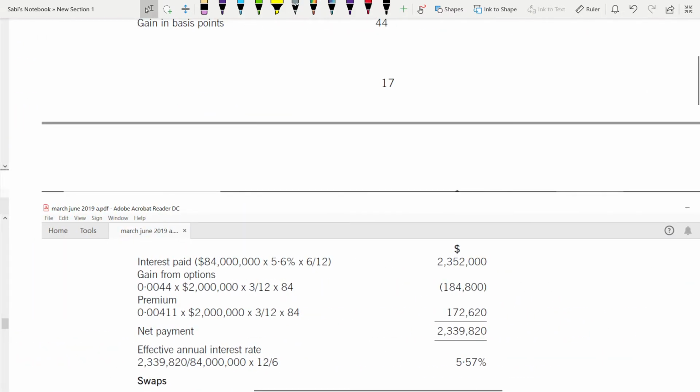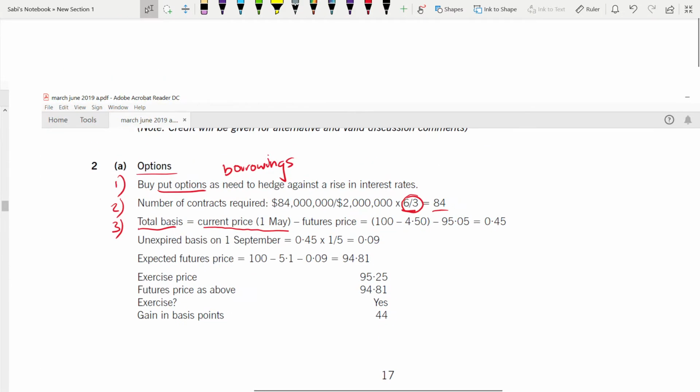So if you see here, 100 minus 4.5, 100 minus LIBOR, this is your LIBOR, and this is your opening future price.